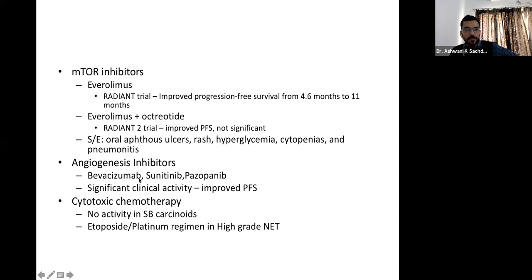Angiogenesis inhibitors like bevacizumab, sunitinib, and pazopanib are all associated with significant clinical activity and improved progression-free survival. Cytotoxic chemotherapy has no activity in small bowel carcinoid. Carcinoid usually refers to a well-differentiated tumor. Etoposide and platinum regimen is used in high-grade neuroendocrine tumors, similar to lung small cell carcinomas.